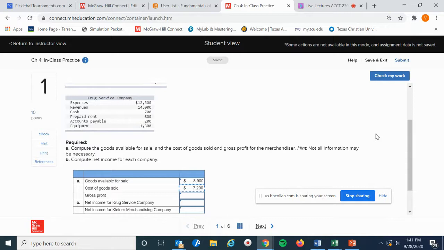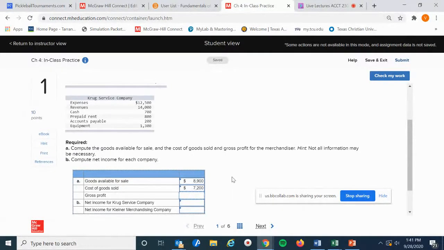That's the credit to the inventory account. Cost of goods available for sale is a calculation you need to be familiar with, which is beginning balance plus net purchases. Cost of goods sold is another calculation you need to know, which is the cost of goods available for sale minus the ending balance.